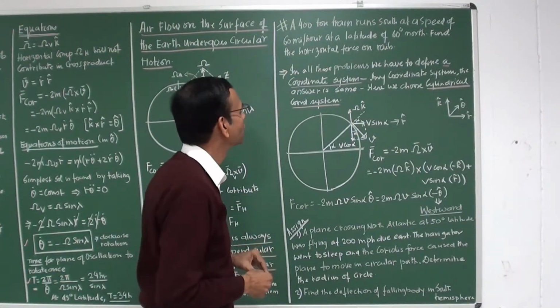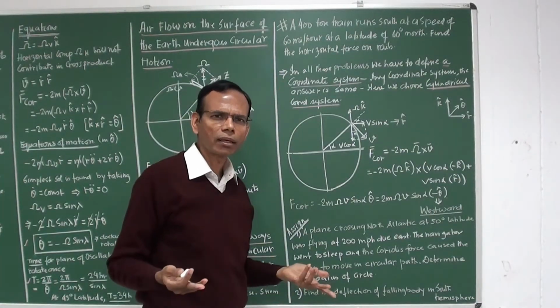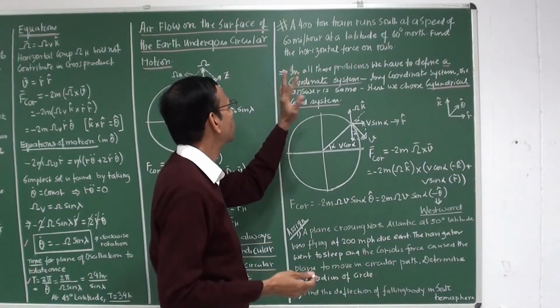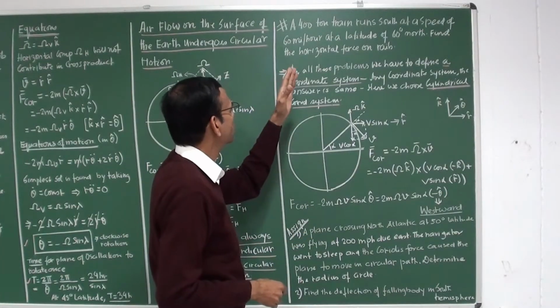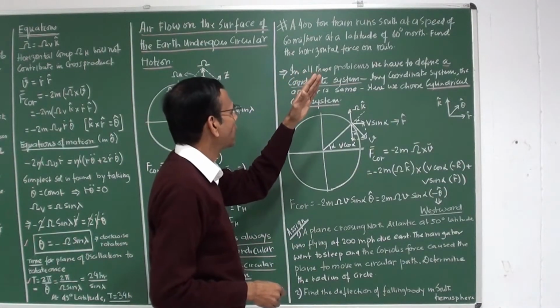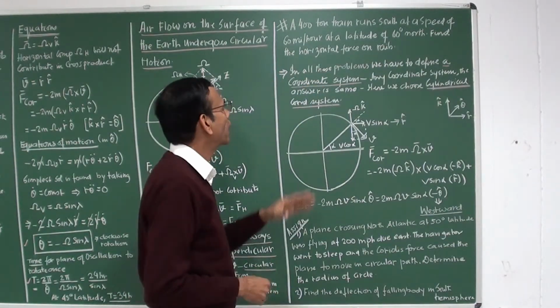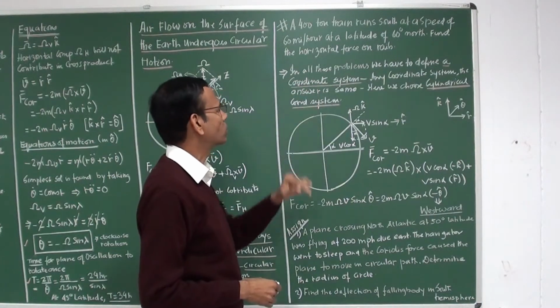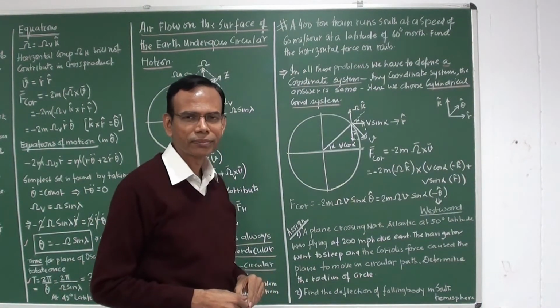A 400-ton train, now instead of miles per hour and all this, you can take kilometer per hour also. A 400-ton train runs south at a speed of 60 miles per hour at a latitude of 60 degrees north. Find the horizontal force on the rails.